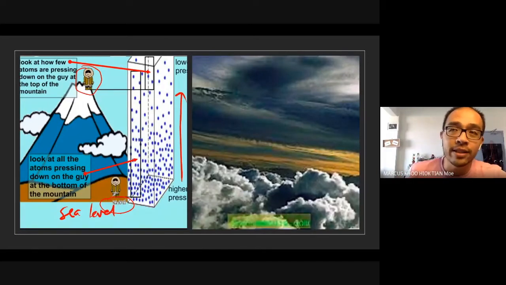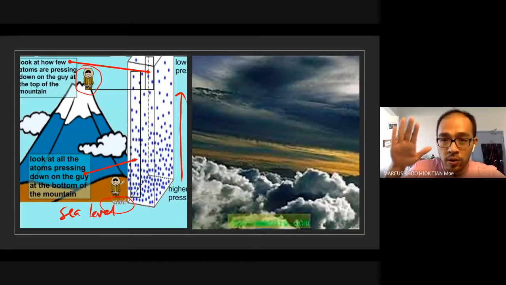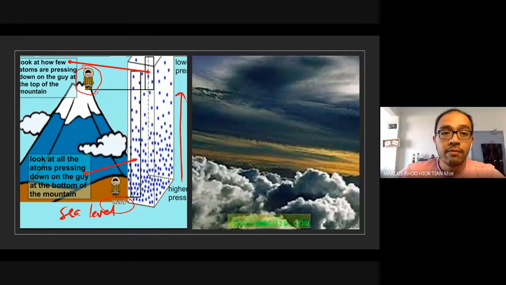Sea level does not always mean the sea, but at the sea level it is the reference. So look at this box over here: look at how few atoms are pressing down on the guy at the top of the mountain, and then look at how many gas atoms are pressing down on this guy who is at the bottom of the mountain.